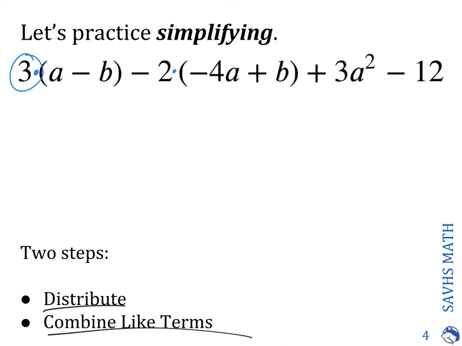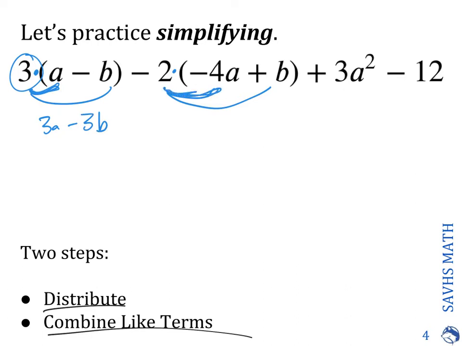What you do is you multiply the 3 times the a, and then you multiply the 3 times the negative b. Here you would multiply the negative 2 times the negative 4a, and here you would multiply the negative 2 times the negative b. So we're going to do all of that stuff first. 3 times a is 3a. That's this one. 3 times negative b is negative 3b.